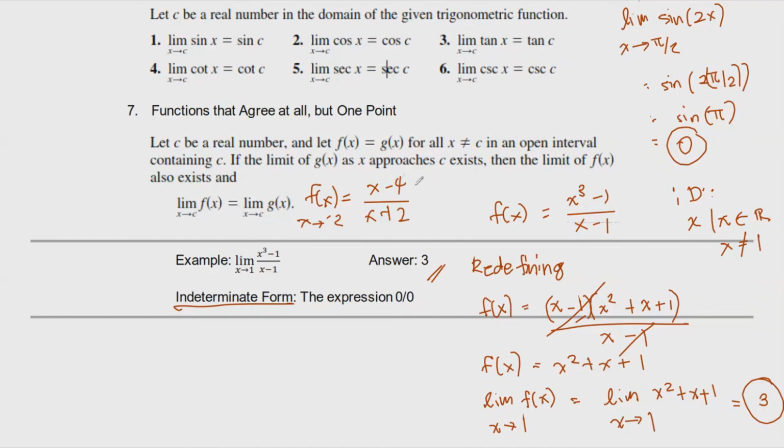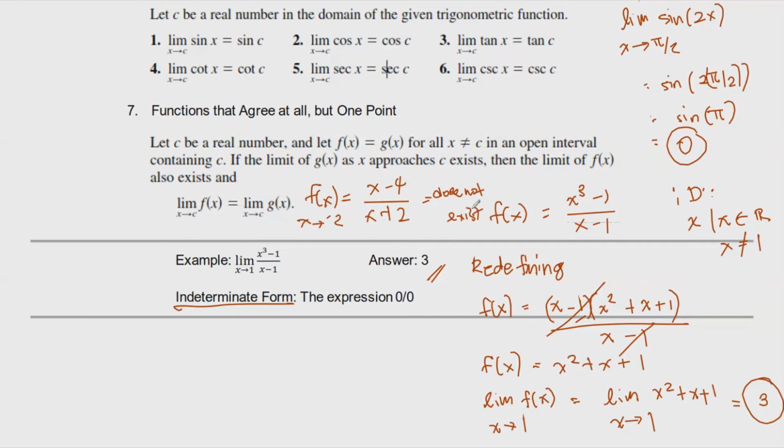If you want to redefine this, you can't possibly factor out anything, because technically we don't have any factors for x minus 4 since it's already linear. So with that, the limit does not exist.